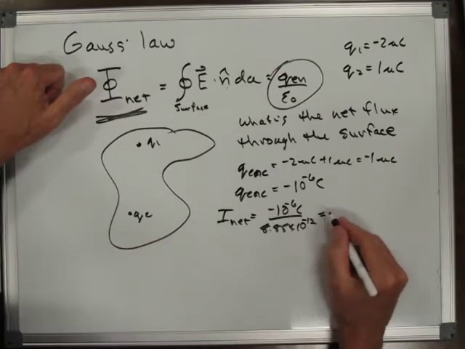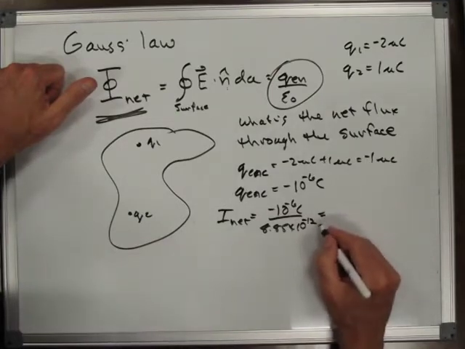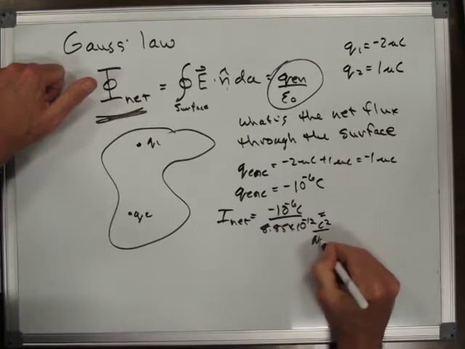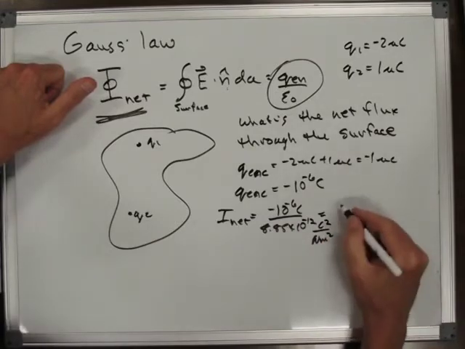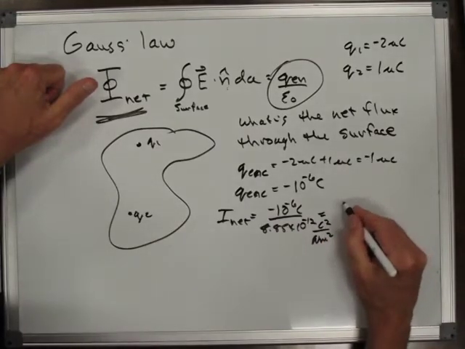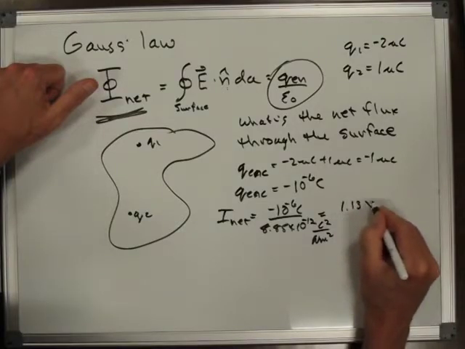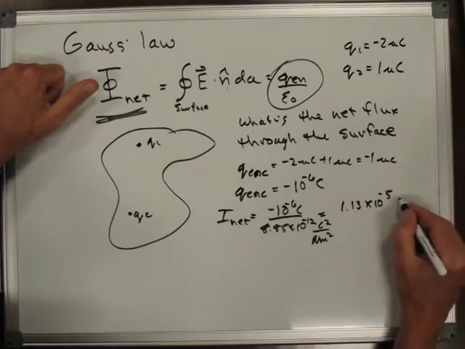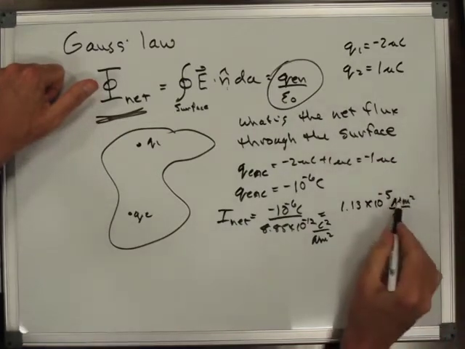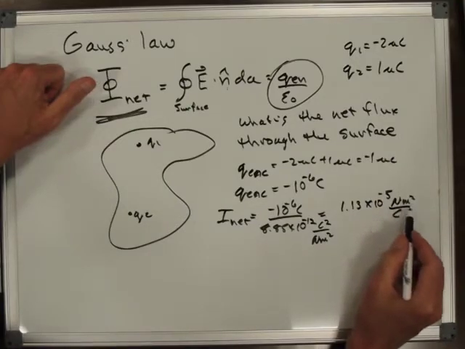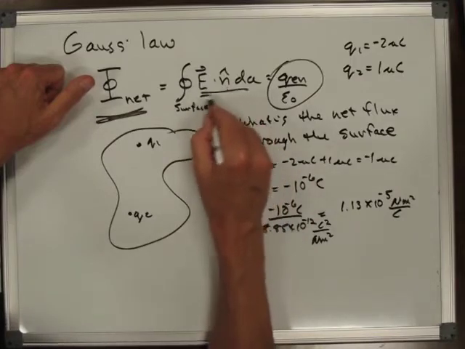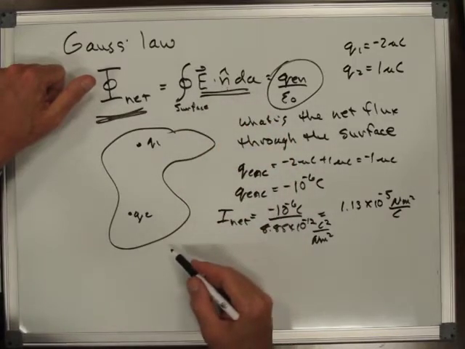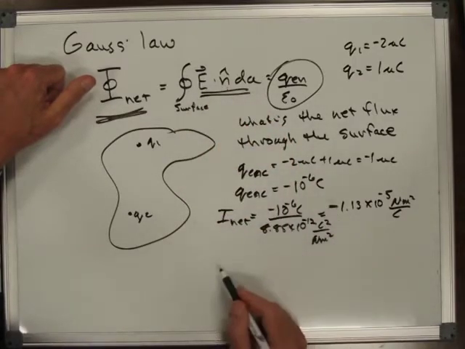And so if you evaluate this thing, it's coulomb squared over Newton meter squared. That's the units on the bottom. And this comes out to 1.13 times 10 to the minus 5th Newton meter squared per coulomb, and that's Newton per coulomb times meter squared, which makes sense because it's an electric field, which is Newton per coulomb, times an area, and that's what this thing is that you're integrating, with a minus sign.